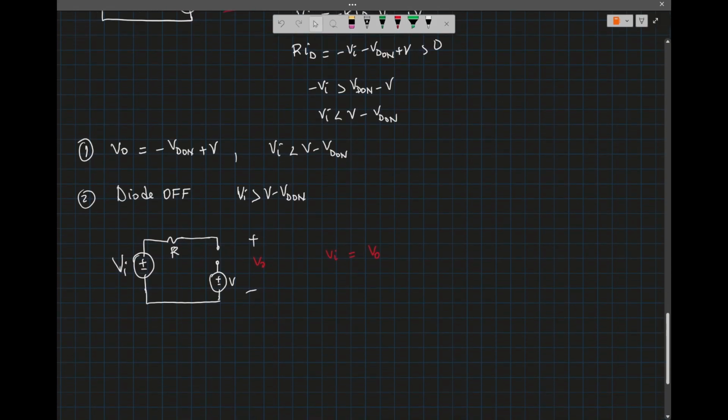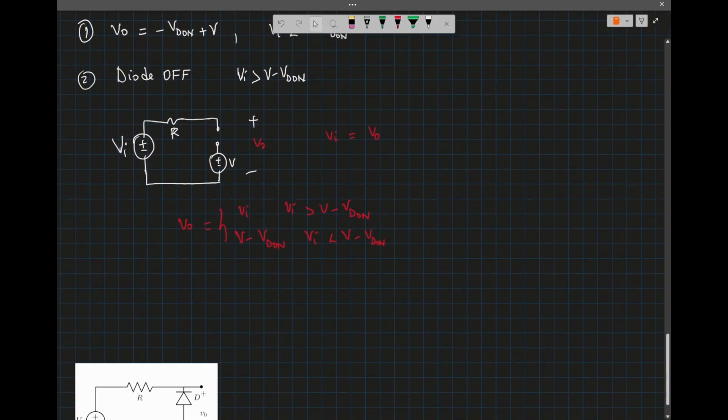So when we put it together, we have V0 equal to VI when VI is bigger than V minus VD on, and V minus VD on when VI is less than V minus VD on.